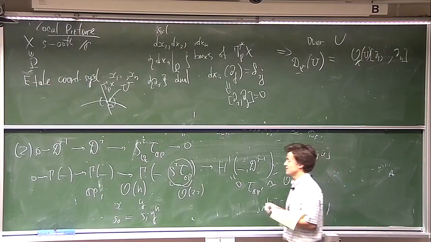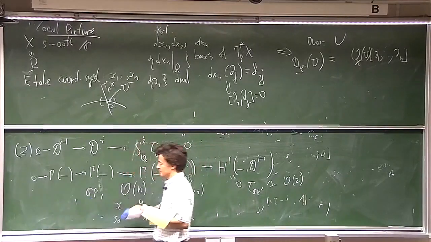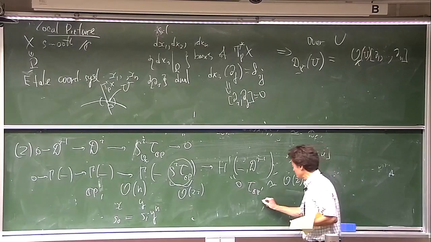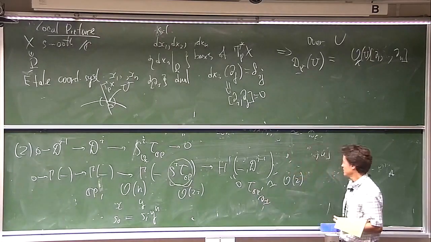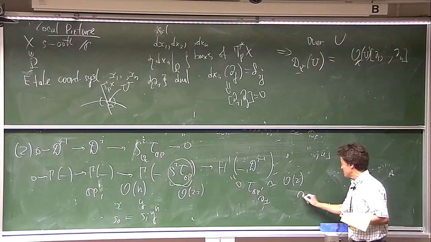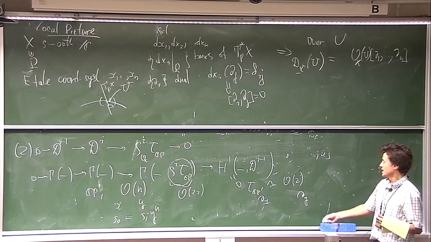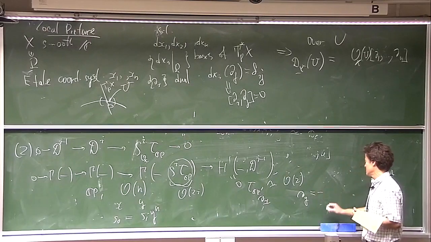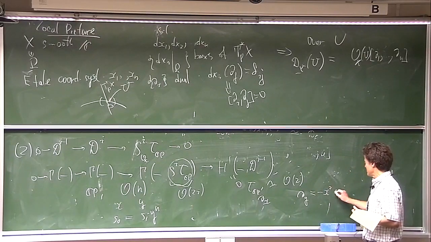And this particular example is very easy to do. It's just, you know, the chain rule. So you have d/dx on one chart. Why is that? Well, this is generated by d/dx on the x chart and d/dy on the y chart. And x equals y inverse. So you immediately see that dy is, I guess, minus x squared dx.